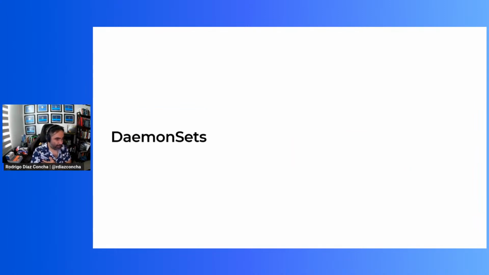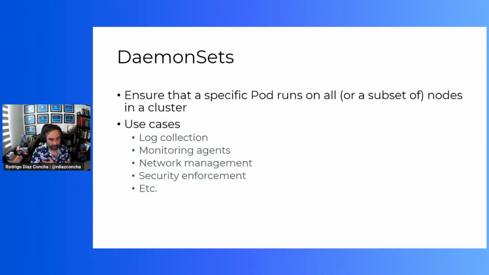Then we talked about daemon sets as a way of running pods and ensuring that a specific pod runs on all nodes or a subset of nodes in a cluster. This is useful when you want to execute a specific log collection component, or you need to run monitoring agents, network management components, and so on, right?